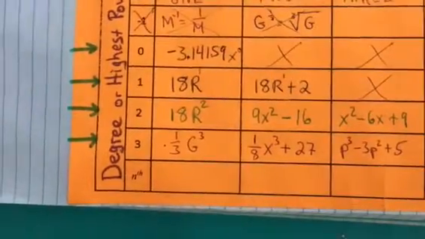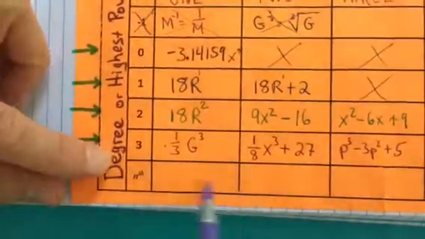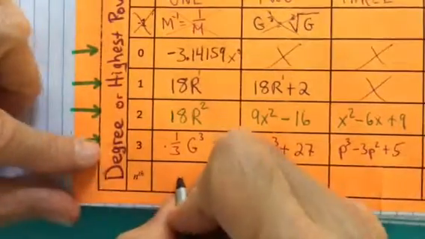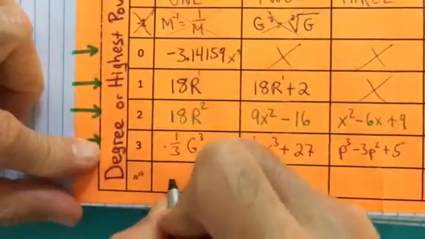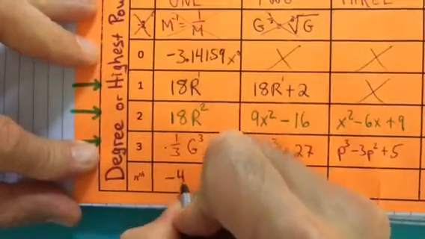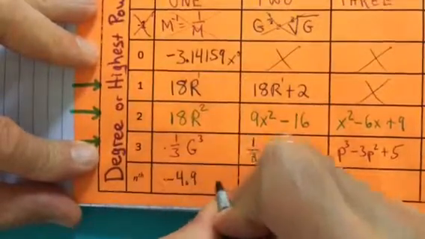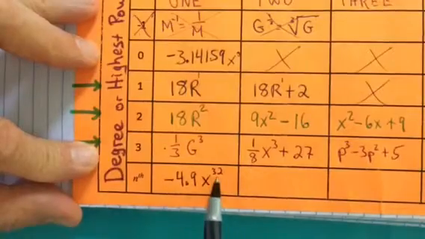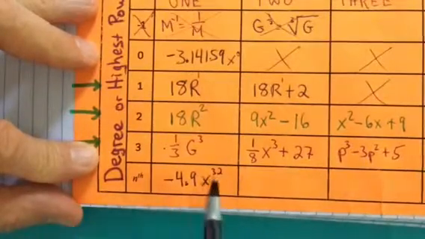Okay, nth degree. What that means is I can choose any power I want. So let's say negative 4.9x to the 32nd power. Here we go. This is a 32nd degree.